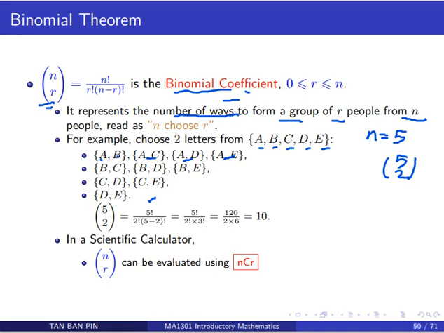If you count how many ways there are, the answer is 10. And if you sub n as 5, r as 2 into the formula, you get 10. In a scientific calculator, you can key in 5 choose 2 using this function nCr. It should give you 10.